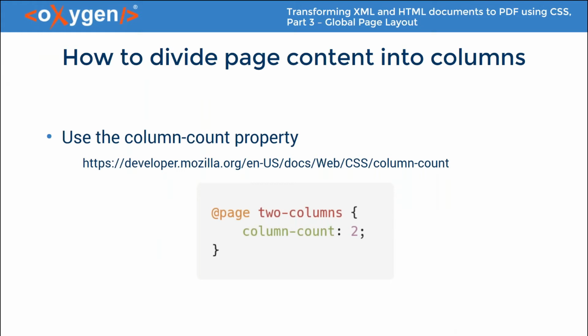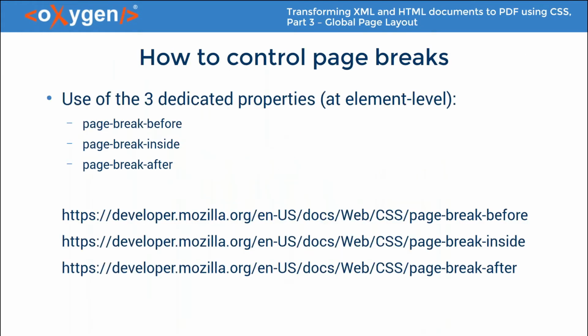Another thing you may need to do in your content is to control how the content is broken between the pages. For that, CSS provides 3 dedicated properties, which are set at element level: page break before, inside, and after.